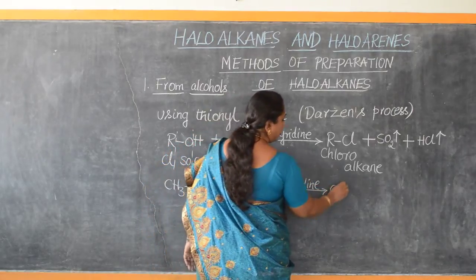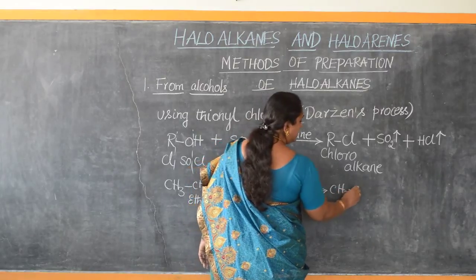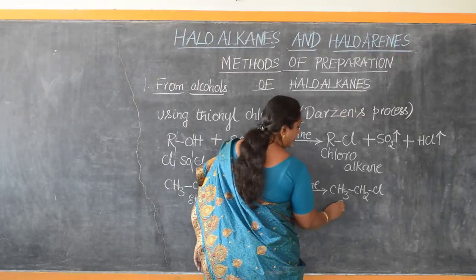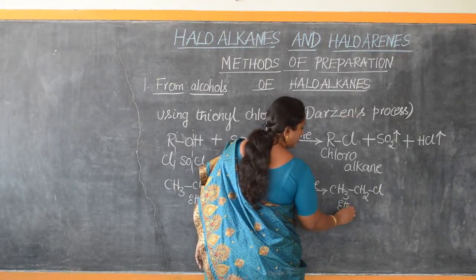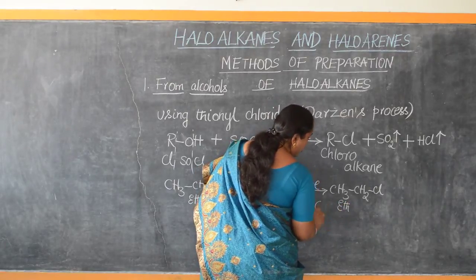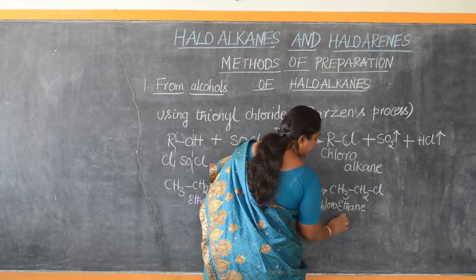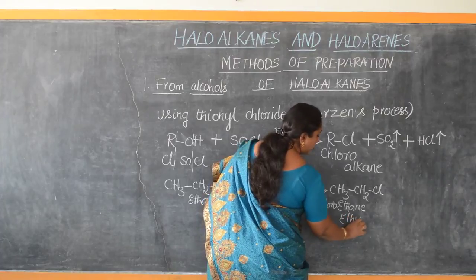So what is the product we are going to get? CH3CH2Cl. What is the name of this compound? Chloroethane or else ethyl chloride.